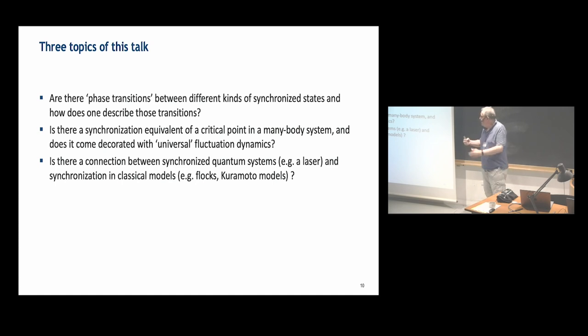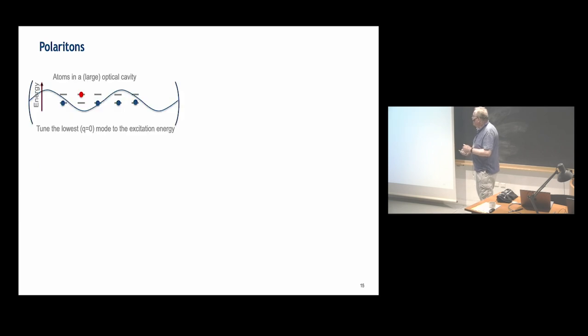Does it have any analogies to what we're used to thinking about of thermodynamic phase transitions, if that happens? Are there in particular universal fluctuation dynamics that one could think about? And in particular, can you connect synchronized quantum systems like a laser and synchronization in classical models with this? And I'll try and give you answers to all of these.